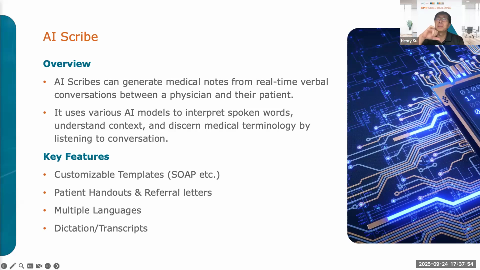There's a whole bunch of templates now being created when you subscribe to the AI Scribe vendors. The other nice thing is that from the transcript, they can also generate a patient handout. It can take out the medical terms and give a layman's explanation of what transpired in the encounter. That's another neat feature of AI Scribe.